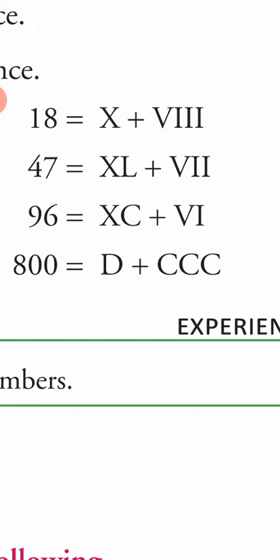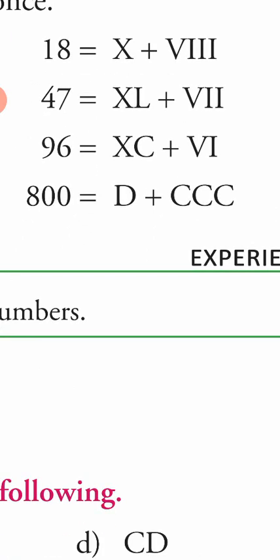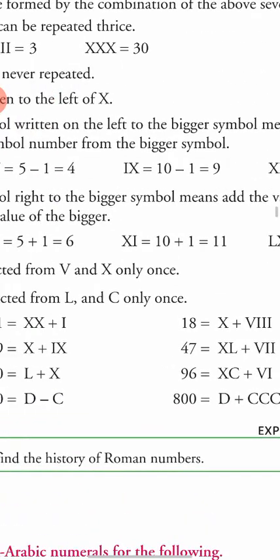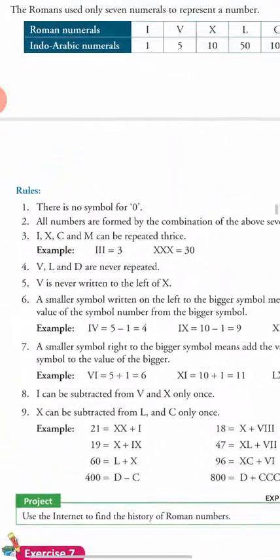As C is representing 100 and X is representing 10, XC will become 90. 90 plus 6 is 96. And at last, D plus triple C means 800. So here you can see that these examples are being taken from the rules that are written here.